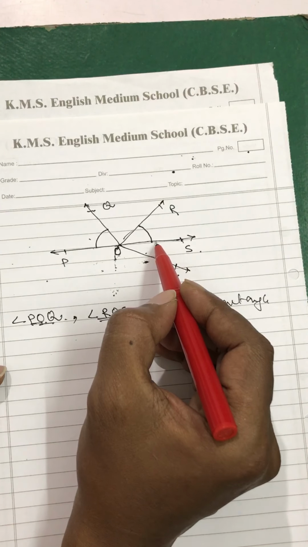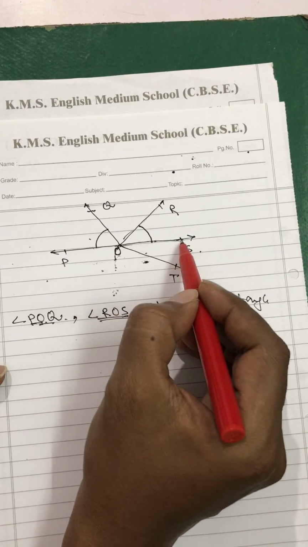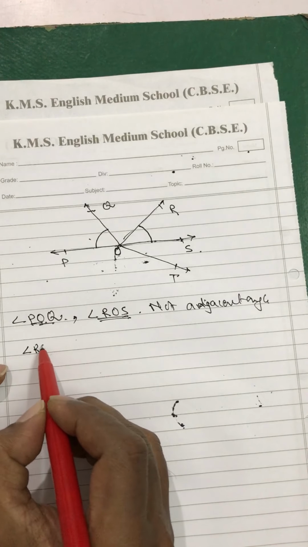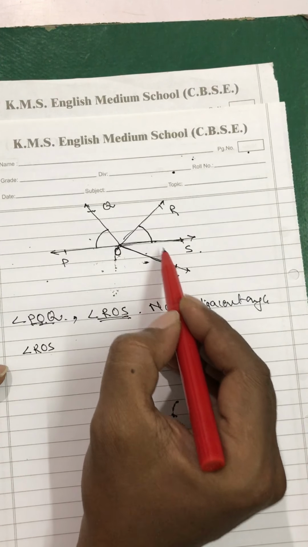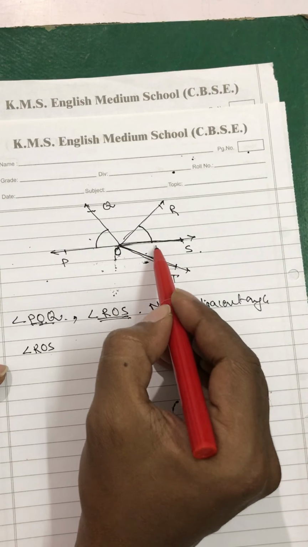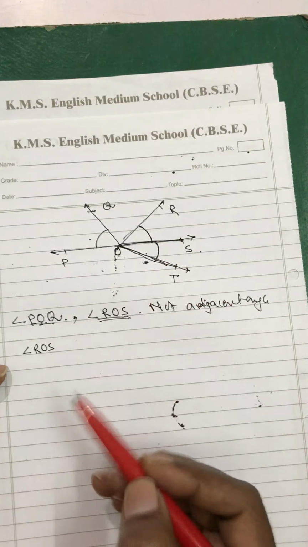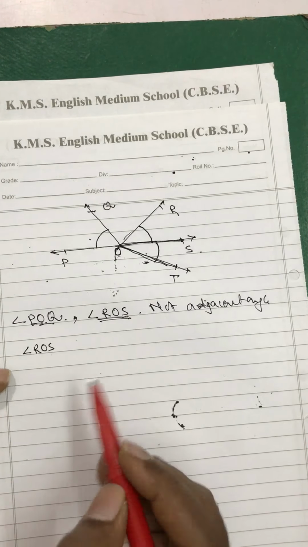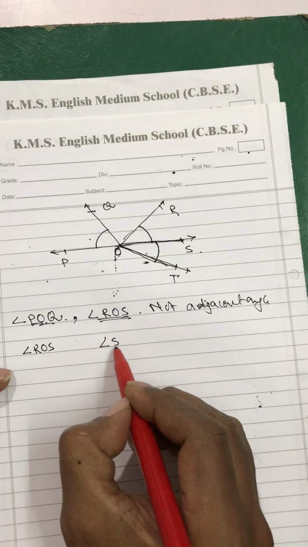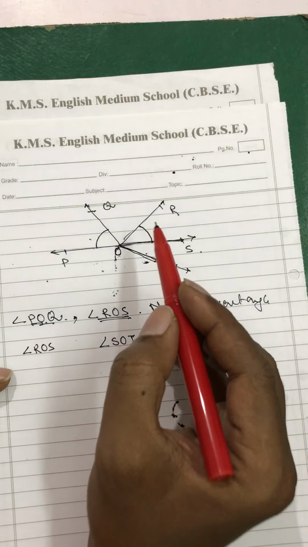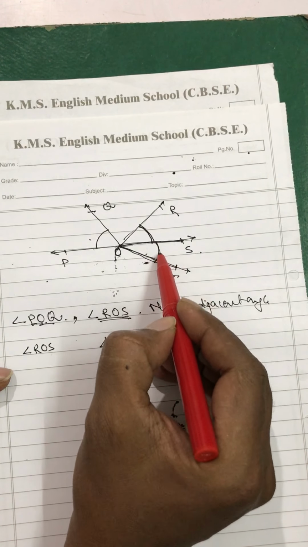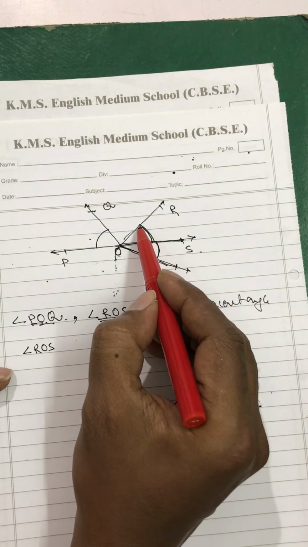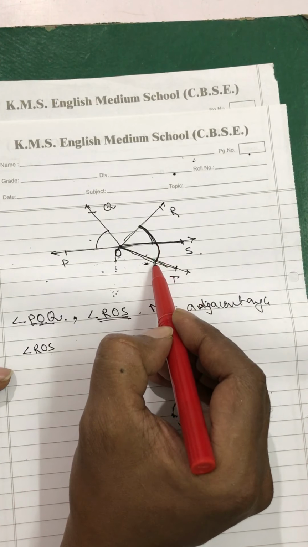Can I say this angle ROS and I consider angle SOT? Angle ROS and angle SOT. Now, are they continuous? Yes, they are continuous. And if I add them, the marking becomes like this.